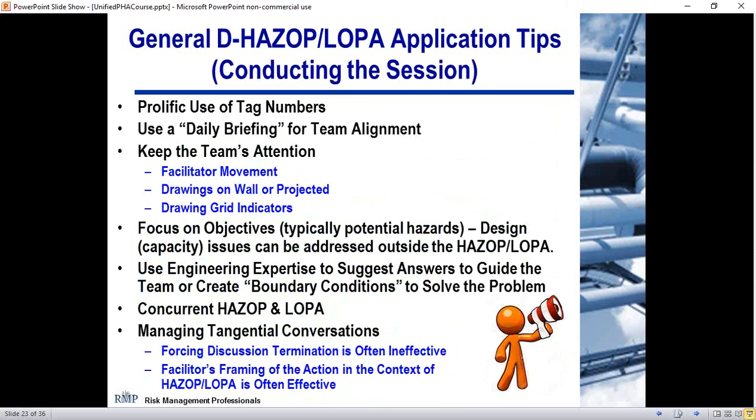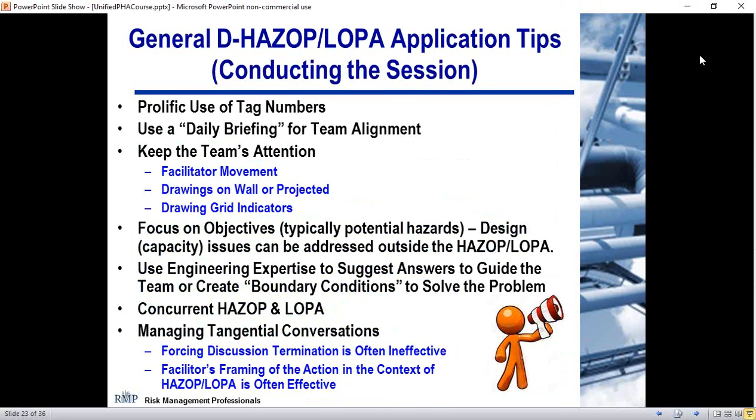But you know that doesn't work a lot. The people who were having that conversation thought it was an important conversation, and they thought it was helpful to the HAZOP, or they wouldn't have been doing that. So basically, the facilitator's job, if you really want to truncate that and get back on track, is to encapsulate that, put it in the context of a HAZOP and LOPA, and push them into concluding that, hey, this can be solved outside the HAZOP and LOPA.